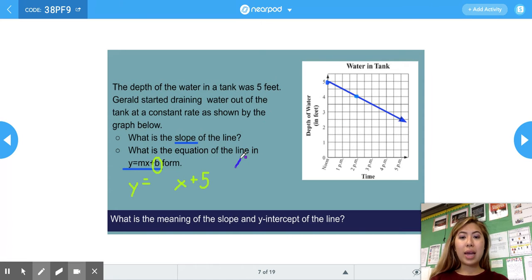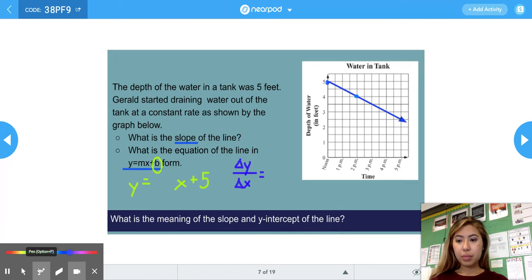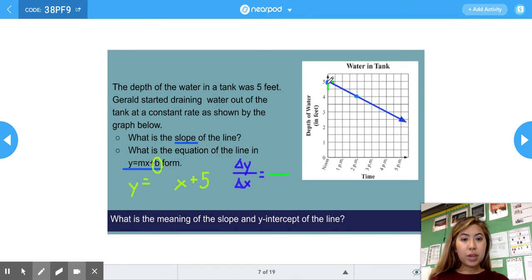To do that, I need to find my change in y over my change in x. From here to here, from 5 to 4, I had to subtract 1.